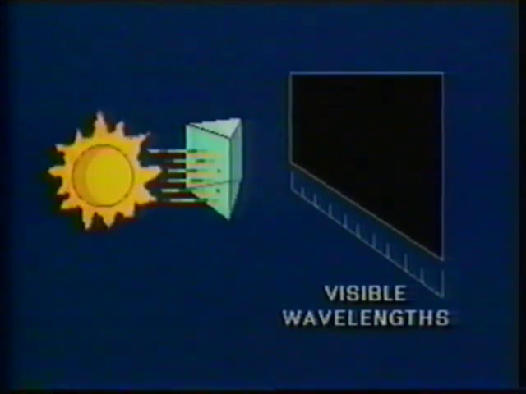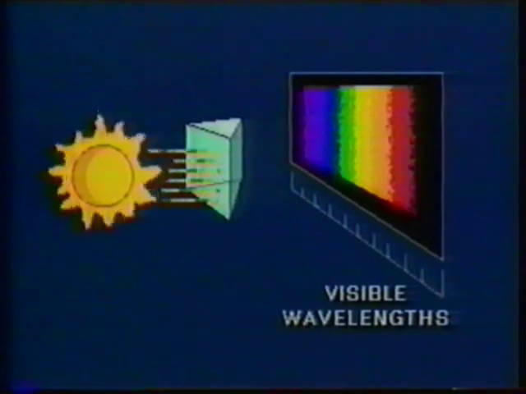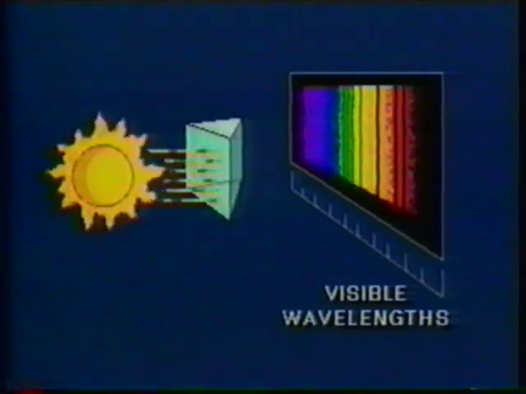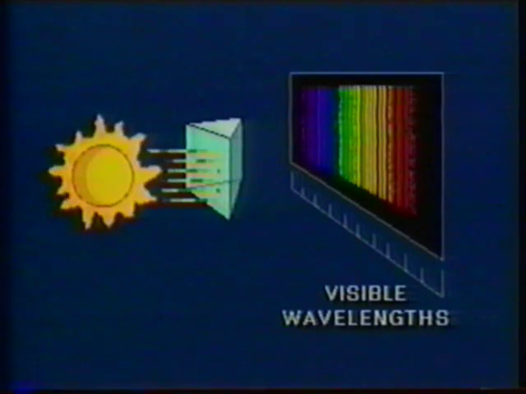Early in the 19th century, the English scientist William Wollaston observed 7 dark lines in the spectrum of sunlight. A decade later, Fraunhofer resolved these initial 7 lines into many hundreds.